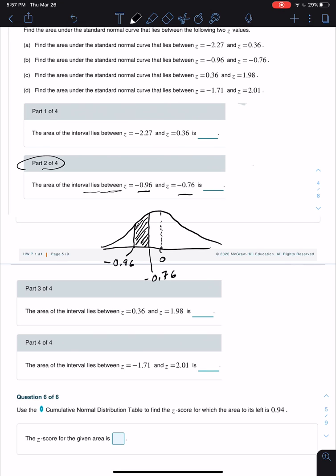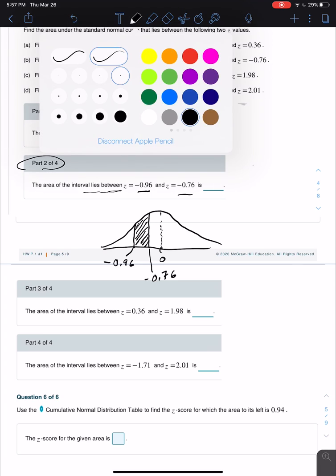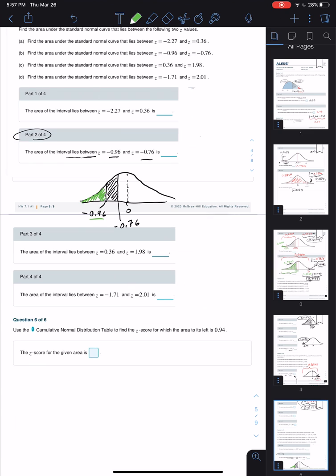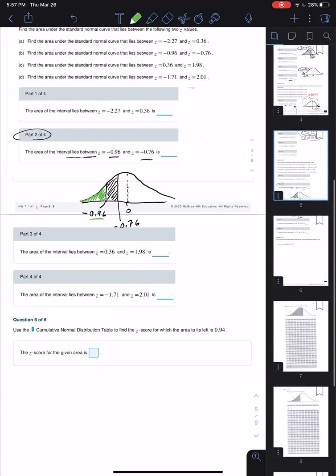Okay. Well, this takes a little bit of thinking ahead here because, first of all, the z-score table that we have will always give us area to the left. So let's start off with, I guess, the easier one in some ways. And that's going to be, well, we need to find the area to the left of negative 0.96.